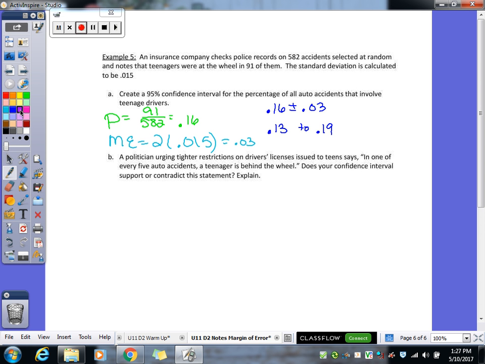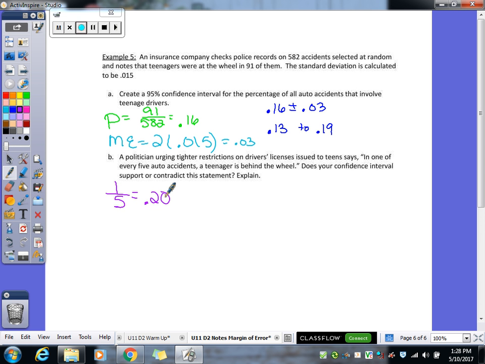So what should we figure out first? Well, not necessarily that, but what percentage is he giving people? What is 1 out of every 5 equal to as a percent? So this would be 0.20. Does that fall within our 95% confidence interval? No. So, does our confidence interval support or contradict this statement? It contradicts this statement, and then you've got to give us a little explanation as to why.